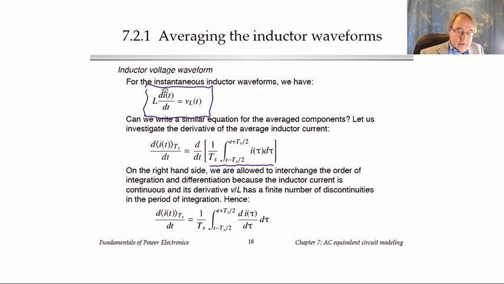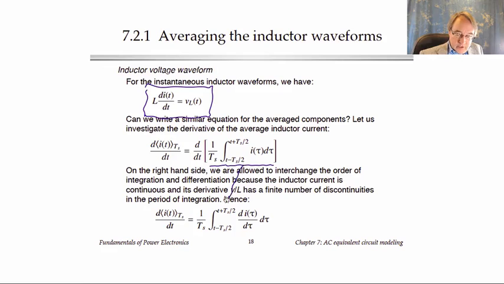Well, the derivative of the current is the inductor voltage over L. This is in general a switched waveform in our converters, so it has discontinuities. But if we switch a finite number of times per switching period, then we satisfy the second requirement, and so we're allowed to reverse the orders of integration and differentiation.